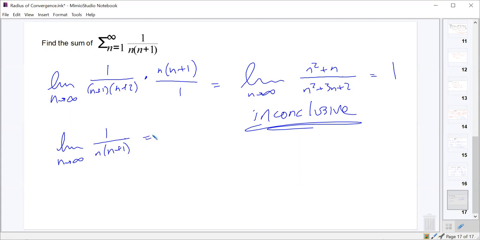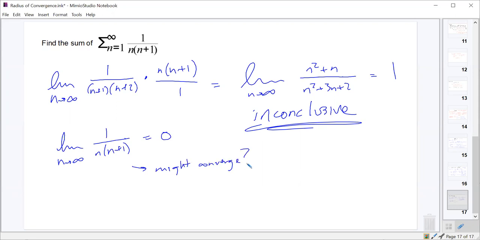What does that equal? Should be 0, exactly. So this is our nth term test, right? So this is telling us, well, it might converge. So that's not very conclusive either.